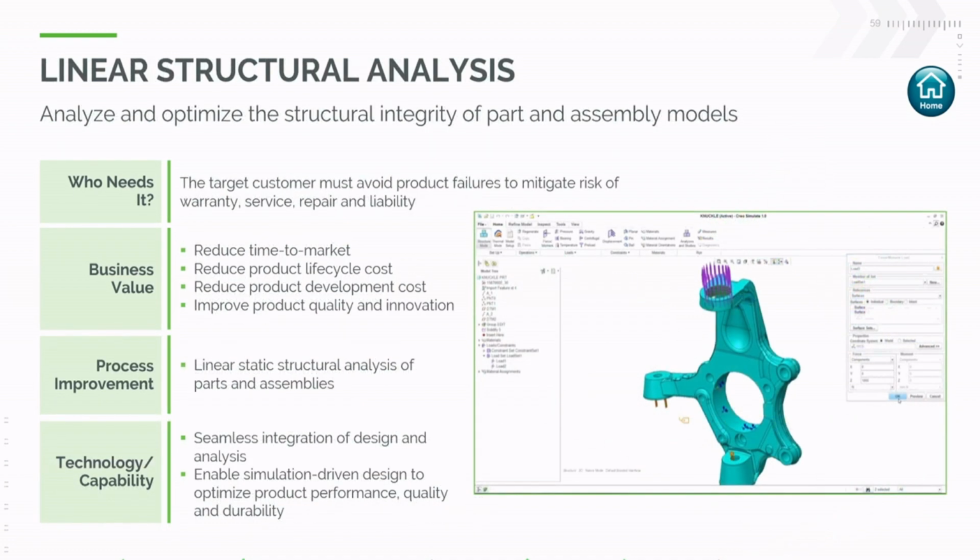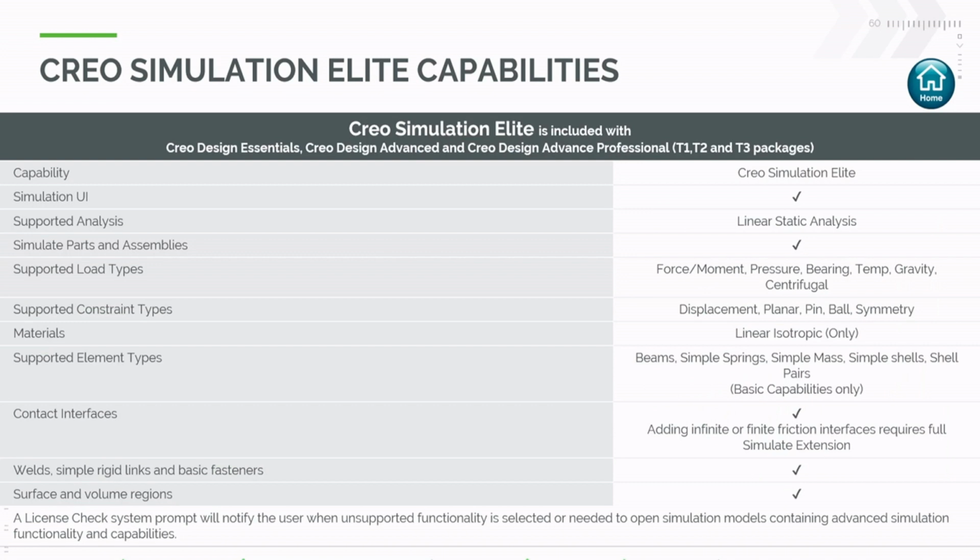For this demonstration, we're going to be focusing on the linear structural analysis part mostly. And for those that don't see the need for thermal or modal analysis, CREO Simulation Elite is still packed with all the features that you would typically need, like your force and moment load types, and even your displacement constraints.